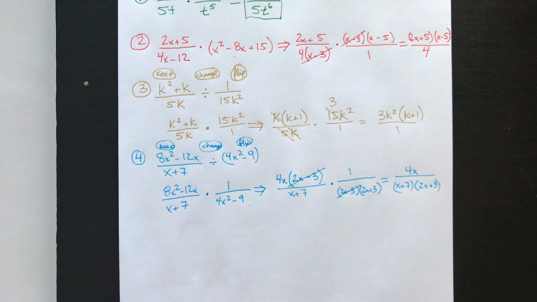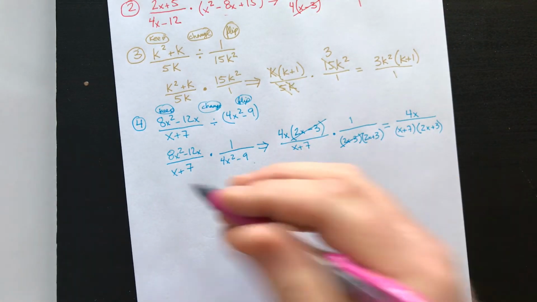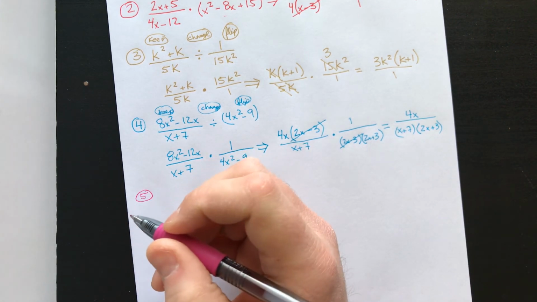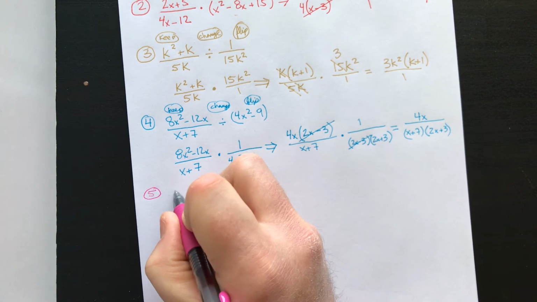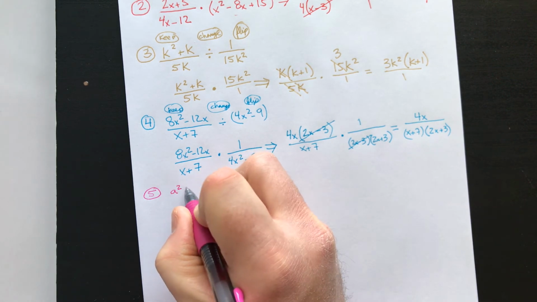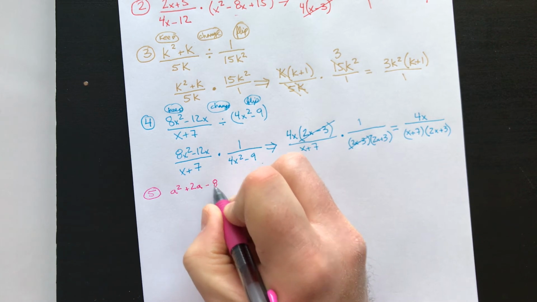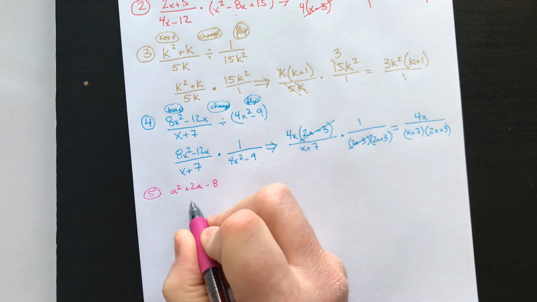All right, let's move on to the next one. Number 5. Number 5, it gets kind of weird looking. We have a squared plus 2a minus 8 over 3a.